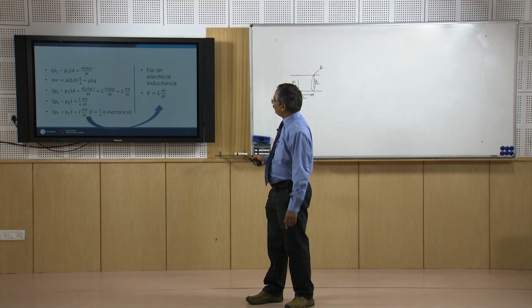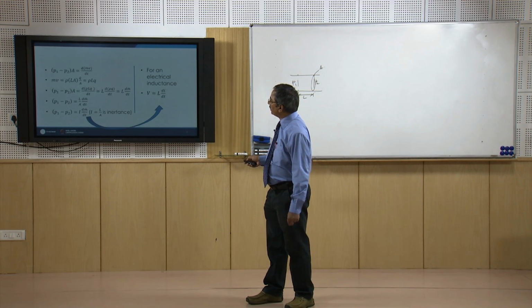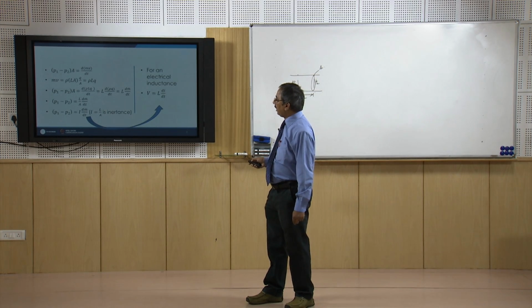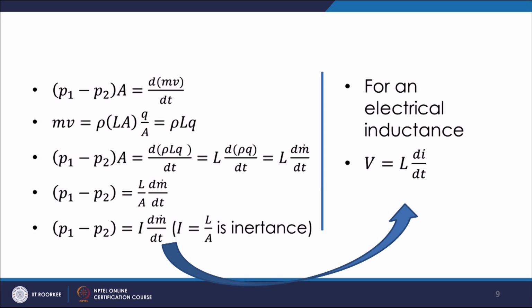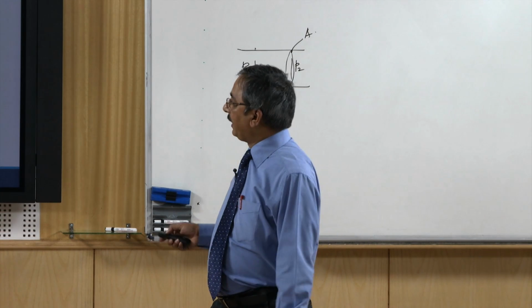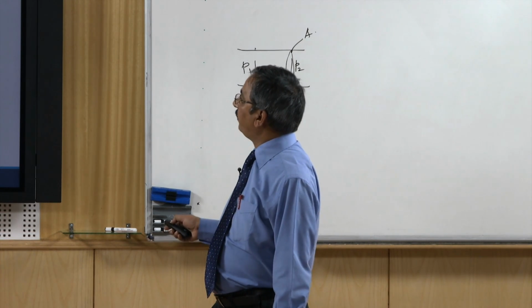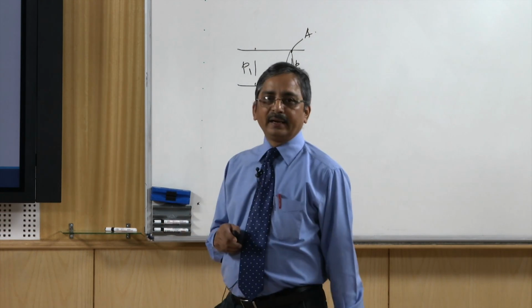All right. So from here I can write P1 minus P2 is equal to L by A times dm dot by dt. If I write this L by A as I, which I define as the inertance, then I get the definition of the pneumatic inertance. I can simply compare this with an electrical inductance.